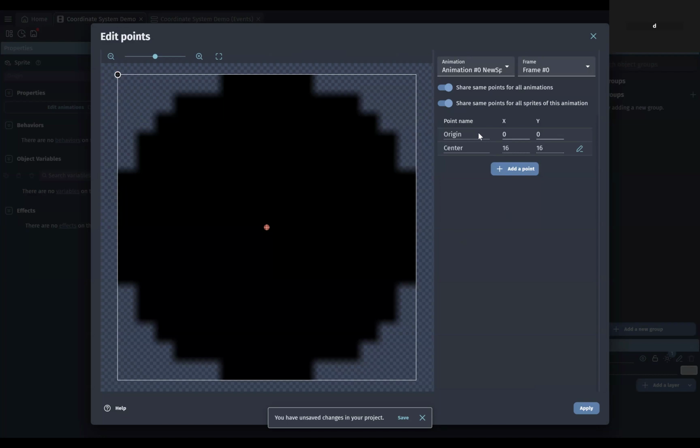So you have an origin and you have a center. The origin, if I click on it, is this 0, 0, which is again the top left. If I move to the center, that's the middle of the object, right?